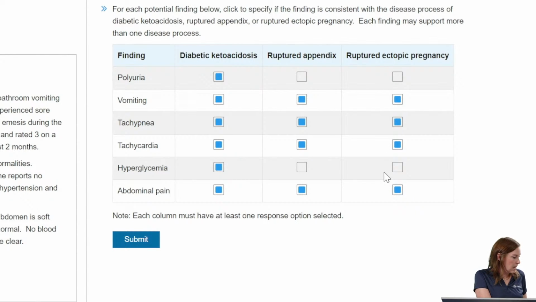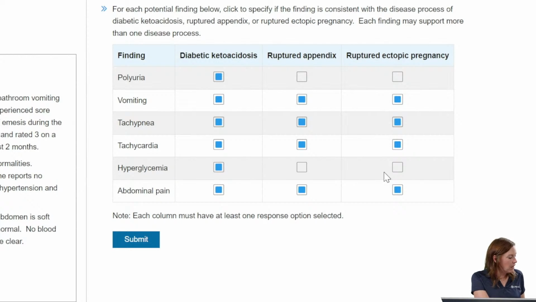So I'm going to see how you guys did. Good job. Very good, you guys. And I apologize, I got ahead of myself and gave you the answers without letting you answer, so I will not do that again. But good job. I'm seeing a lot of right answers on here. You guys definitely have it. Vomiting, yes.